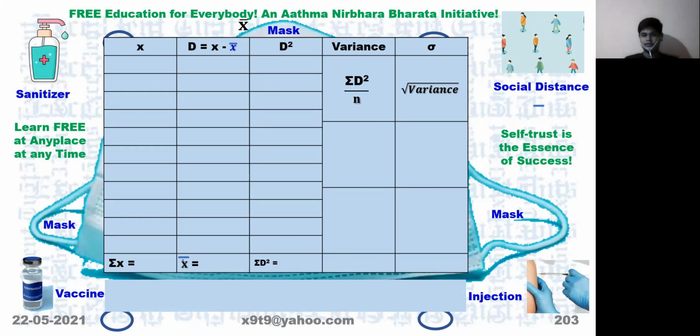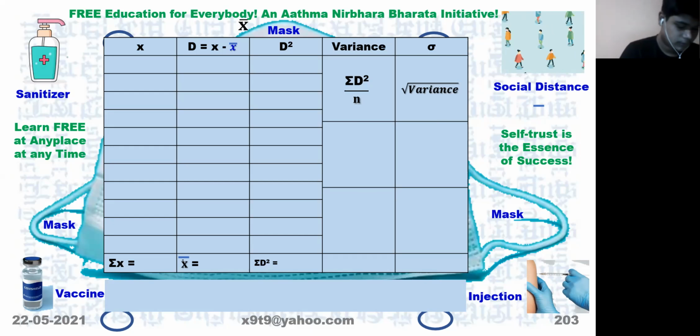Is this the variance table, sir? No, this is for calculation of mean, variance and standard deviation. All the three will come. If you remember how to prepare this table, then the procedure will be ready-made there only. You will not forget any step at all.